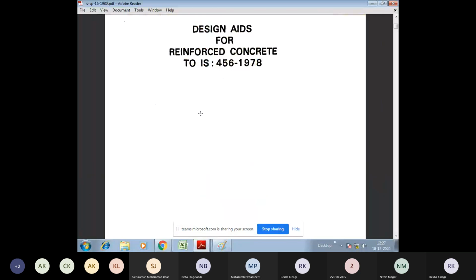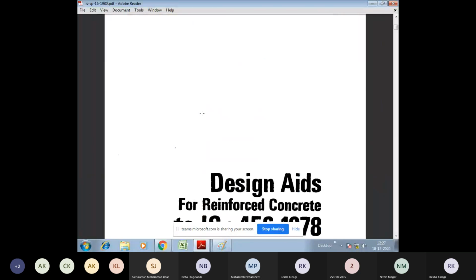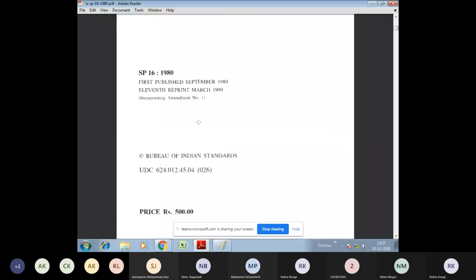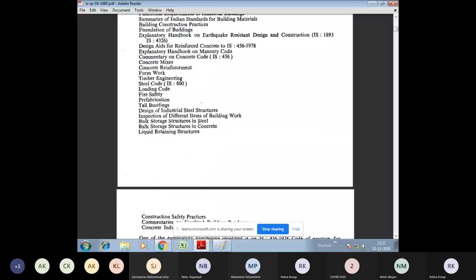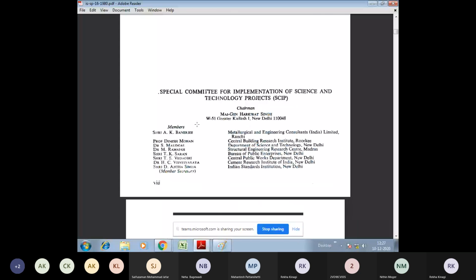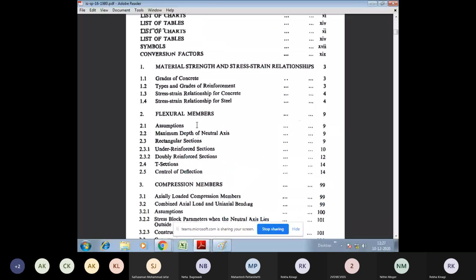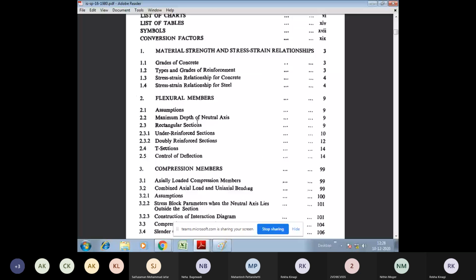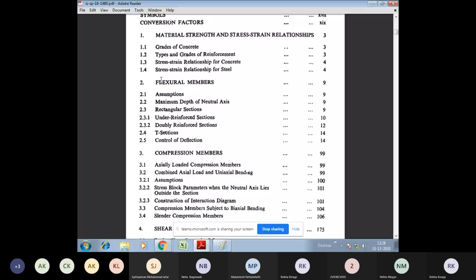Here you have all the parameters, even whatever designs you have done using IS 456, that is design of beams, slabs and all, those designs can be easily done using SP16. Here there are many charts, many graphs, based upon which you are going to get the value of flexural strength or any other parameter. For the flexural members, the design is given, that is beams and slabs especially.